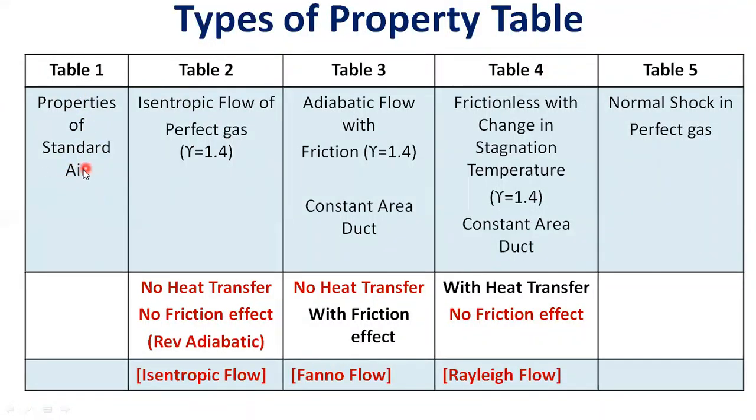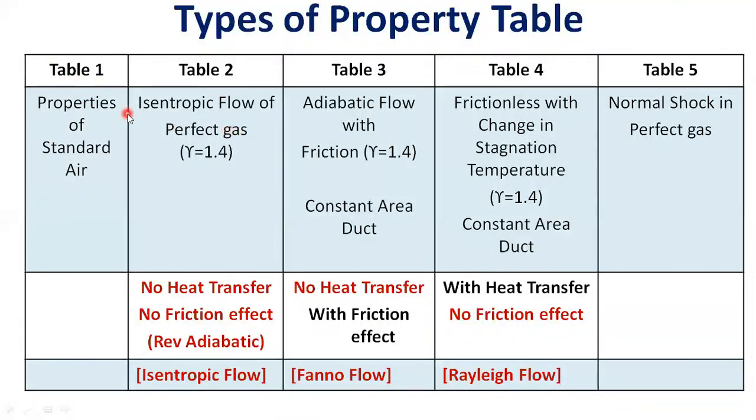So in this table, you will see properties of air such as density of the air, temperature of air, and the sonic velocity, the velocity of sound in air, depending on the elevation, depending on the altitude. We know that all the air properties vary as you go higher from the sea level. So you will see all these properties in this table 1.